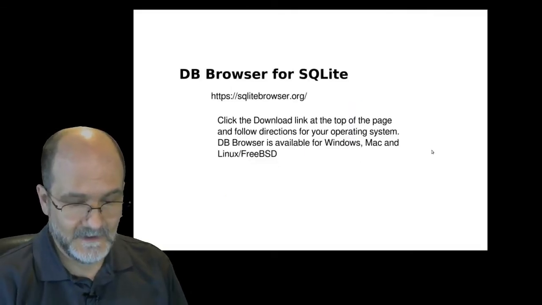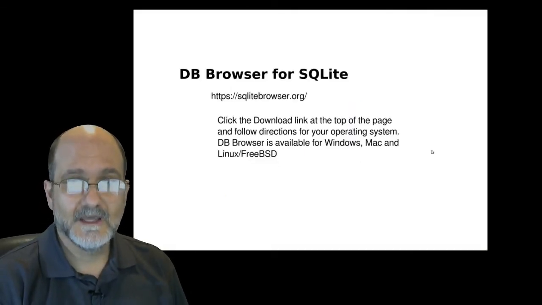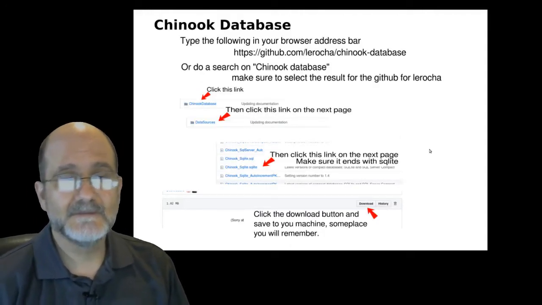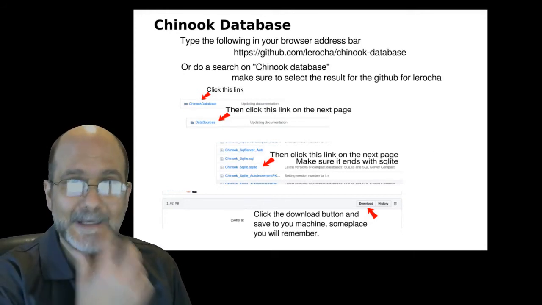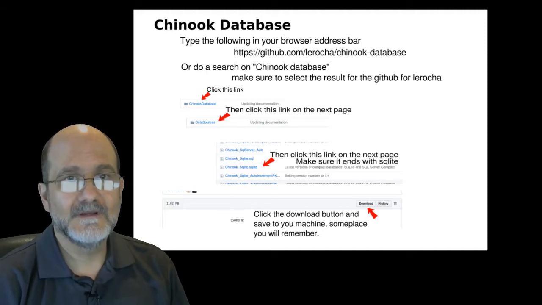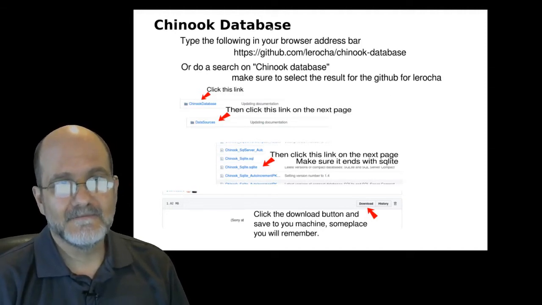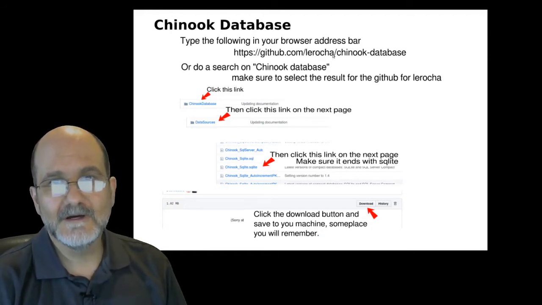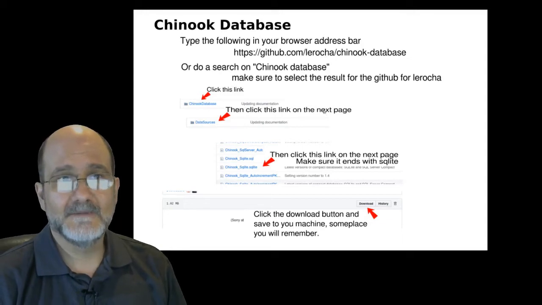We're going to be also using a sample database. This database is the Chinook database. You can also get this for free. You could do a search on Chinook database, and you're going to be looking for this GitHub lerocha Chinook database.